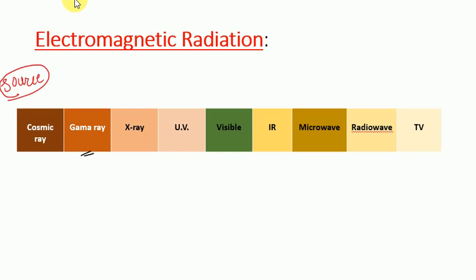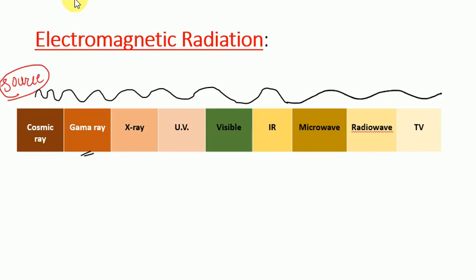So if we see the waves coming from the source, the wavelength is very short. Then in progression, wavelength increases from cosmic to TV. So wavelength goes on increasing and energy decreases.